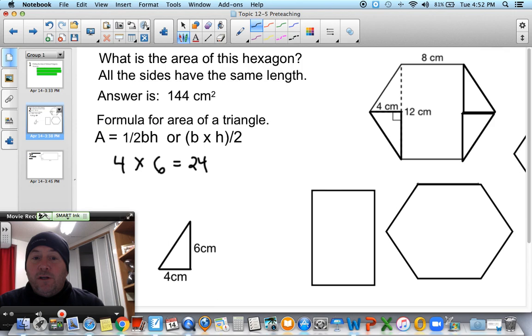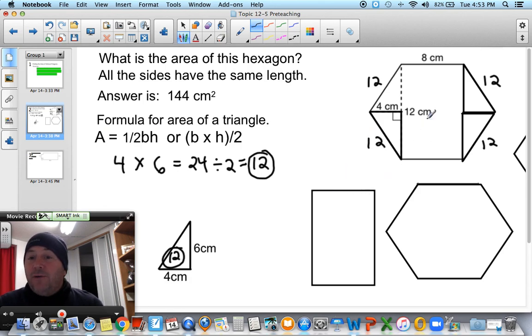Well, then what we're going to do is divide 24 by 2, and we're going to get 12, all right? So each one of these little triangles has an area of 12 square centimeters. So we have 12 here, we have 12 here, we have 12 there, and we have 12 there.